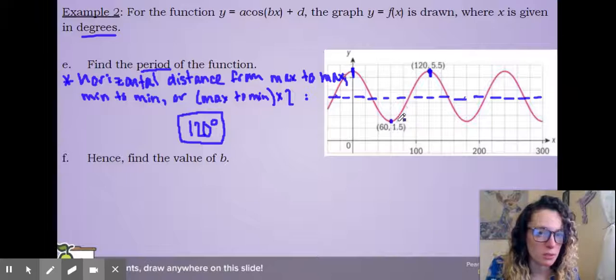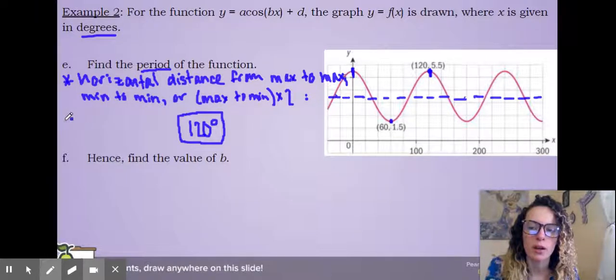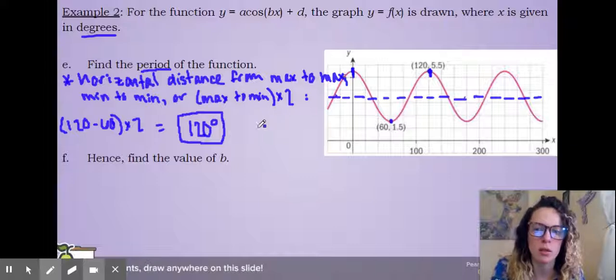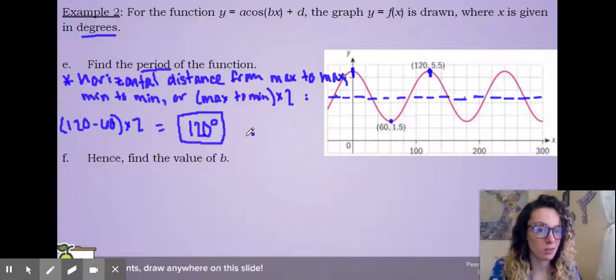If you felt more comfortable, since these are the only 2 points that are actually labeled, I could find the distance between them. So I'm going to start with the larger one first, 120 minus 60, and then double that. And I'll still get the 120 degrees. So it really just depends on what you're given in the graph, and then from there, what's labeled accurately for you.